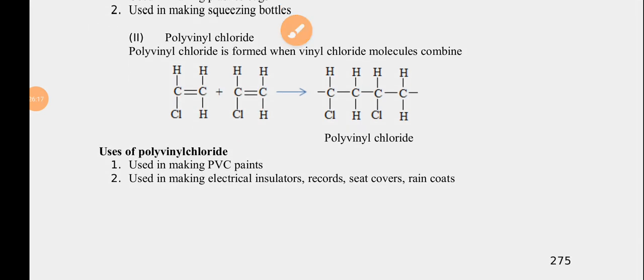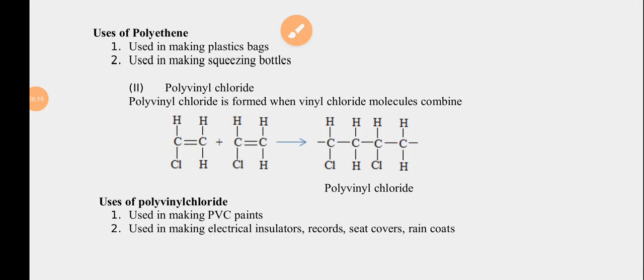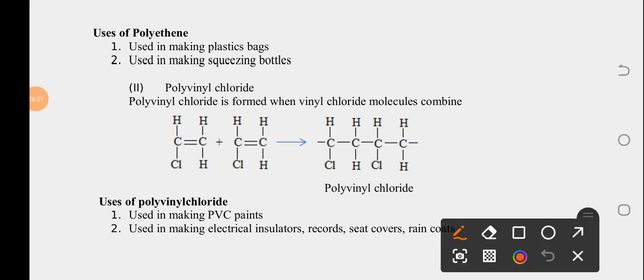I'm sure you're getting the points. So maybe they can ask you the repeating unit. There is a question which they normally ask: circle the repeating unit. The repeating unit, as you can see, is the part which is repeating itself. So here we've got this H and this H, this Cl and this Cl. So this is the repeating unit.